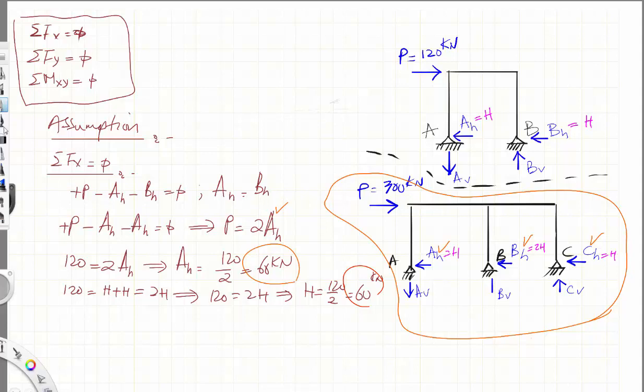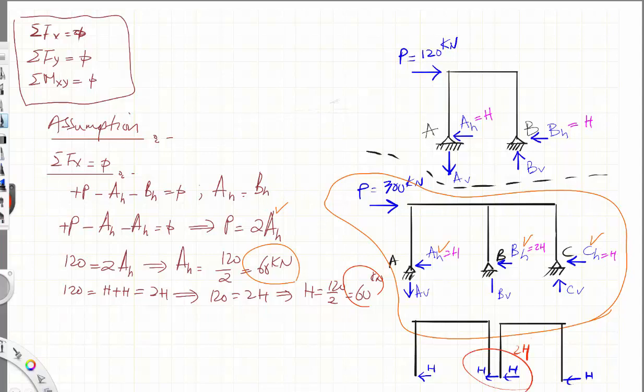We can assume as if the frame is composed of two frames like this, just to make it easy to think about. So this is the first H, this is the second H, this is the third H, and this is the fourth H. You see here the combination in the middle is 2H.